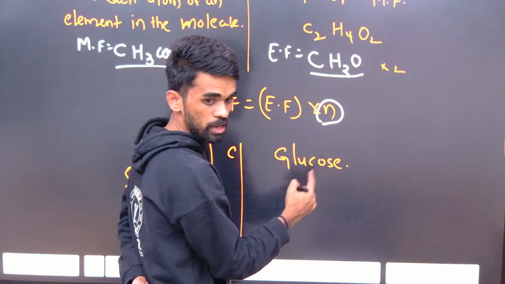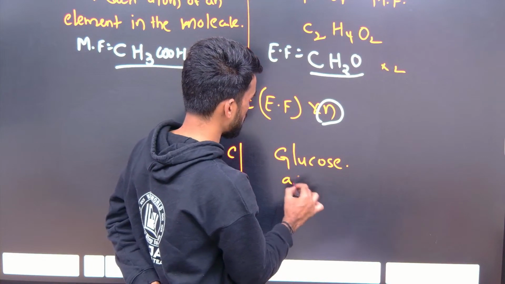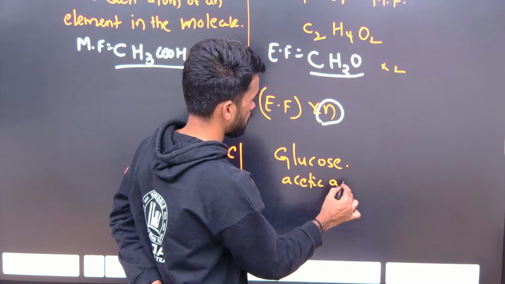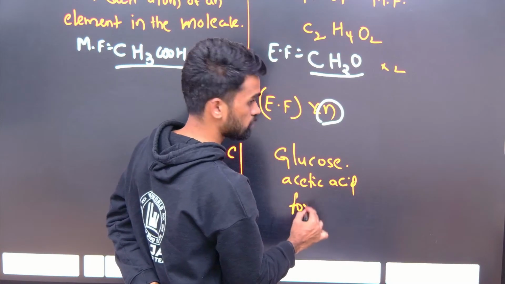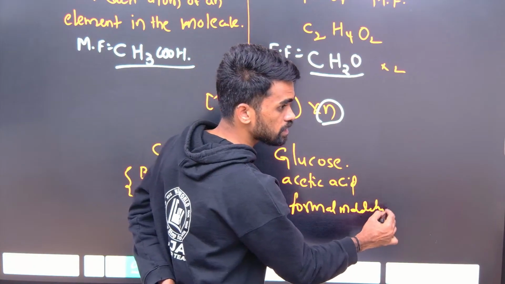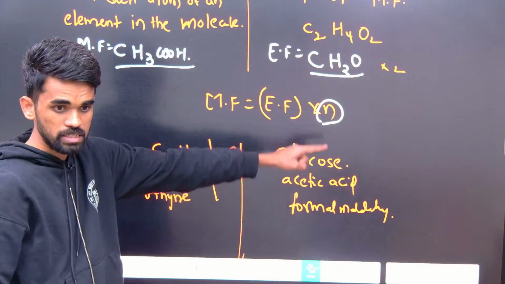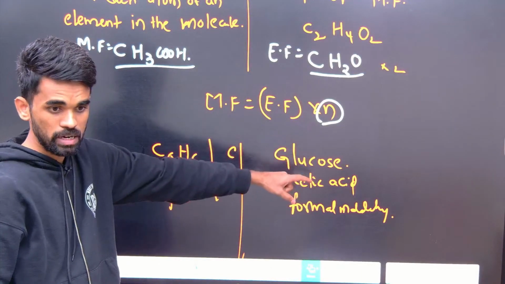Write the molecular formula and empirical formula of glucose, and the next acetic acid and formaldehyde. These things, along with formaldehyde, just write their molecular formulas and empirical formulas, and the whole number ratio for that.